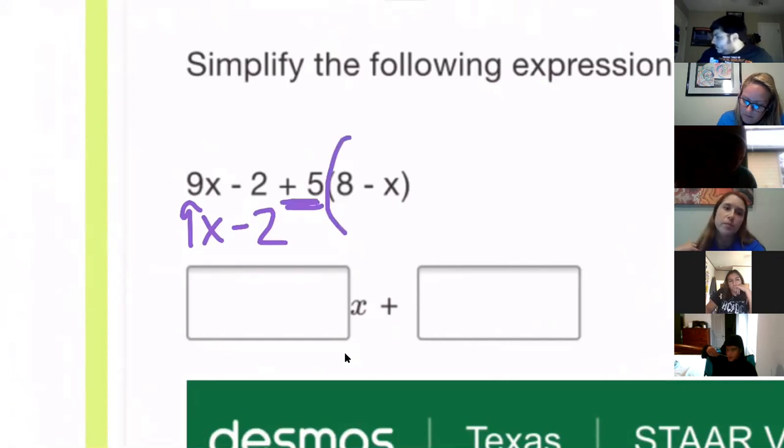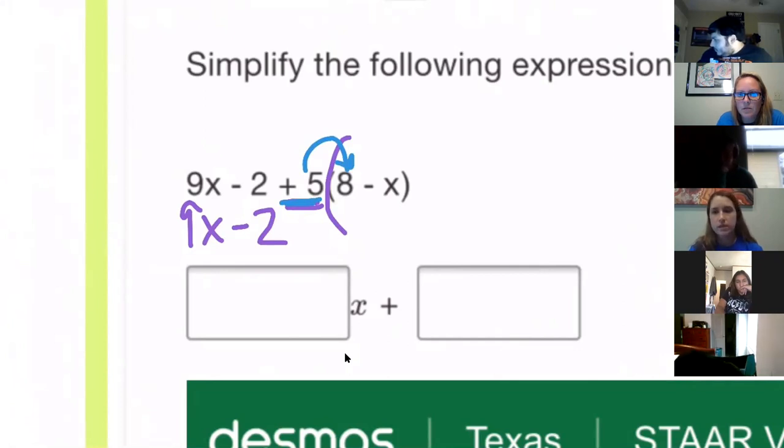So positive 5 times positive 8 gives you what? You can type it in the chat really quick. Okay, Zoe, good, 40. And since it's a positive, we're going to have that plus sign to connect it, plus 40.